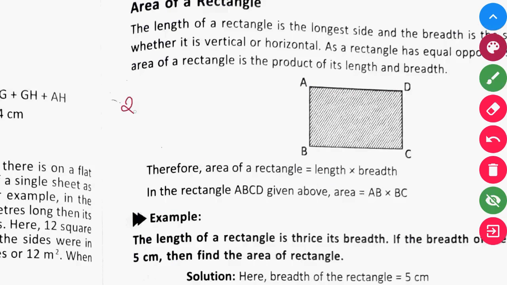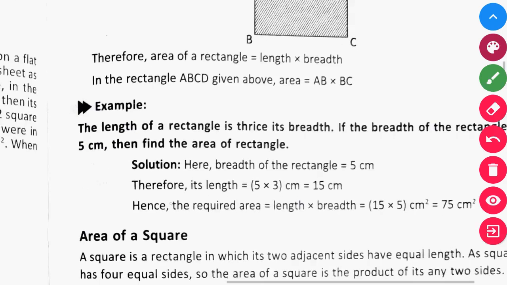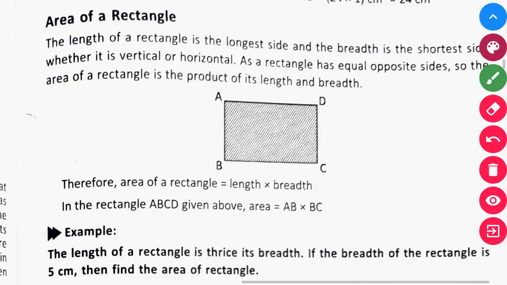For perimeter, it is 2 into length plus breadth. But for area, just length multiplied by breadth. Done. No need to calculate the squares and all. If this figure is a rectangle and you know the length measurement and the breadth measurement, you can find its area.